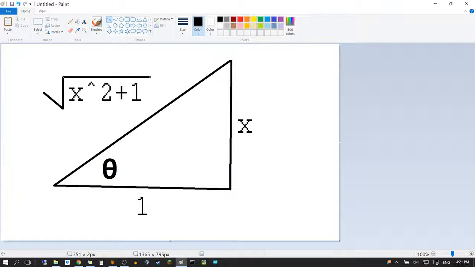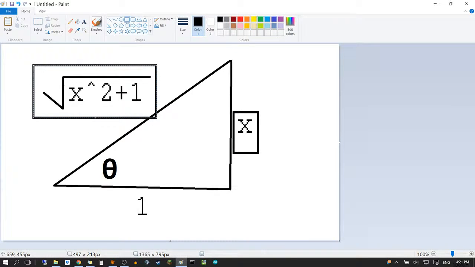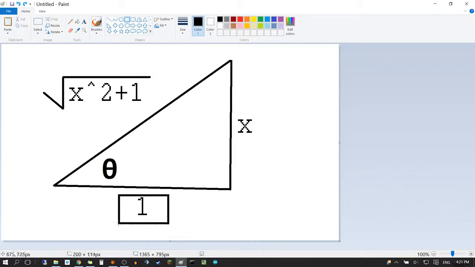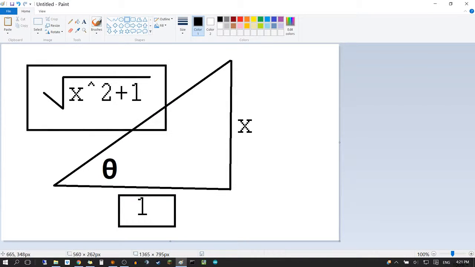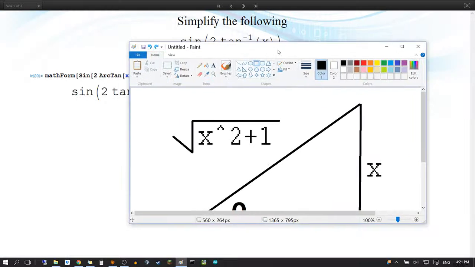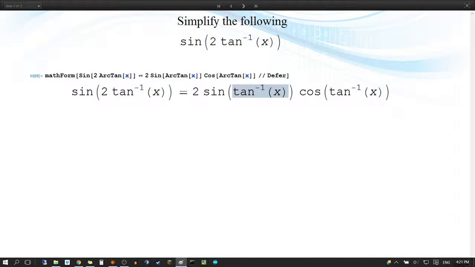So now we need to know what the sine and the cosine of this are. Well, the sine is going to be the opposite over the hypotenuse. That is this one over this one. And the cosine is going to be the adjacent over the hypotenuse. So let us go use those in this equation.